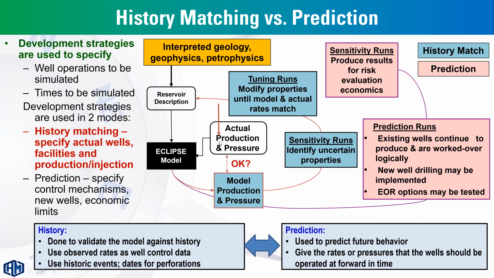Accordingly, you can fine-tune or modify these uncertain parameters to improve the matching of your model. Once the model is matching, you can run prediction. You can apply prediction runs for the performance evaluation.